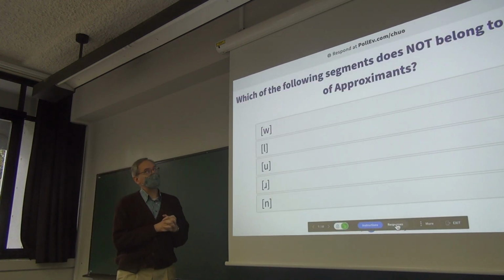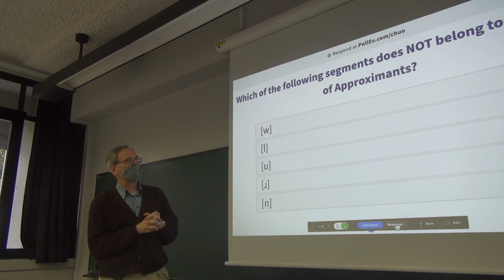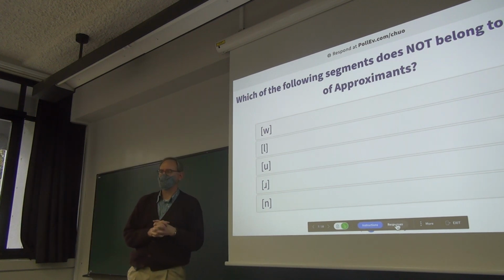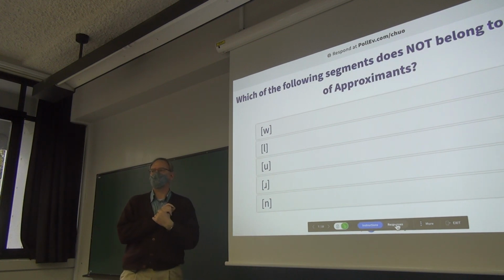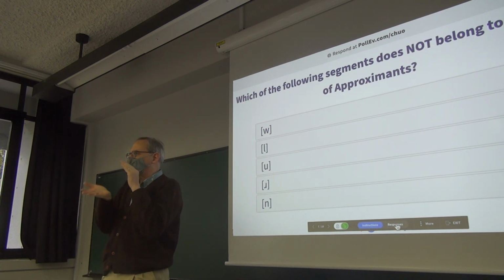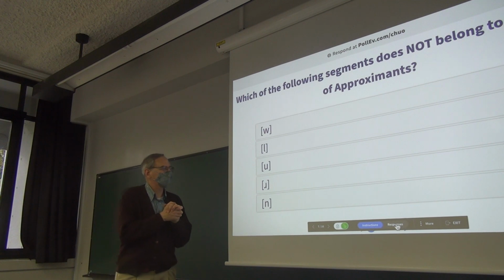And which of the following segments does not belong to the class of approximants? Approximants are produced by bringing the tongue near the top of the mouth.